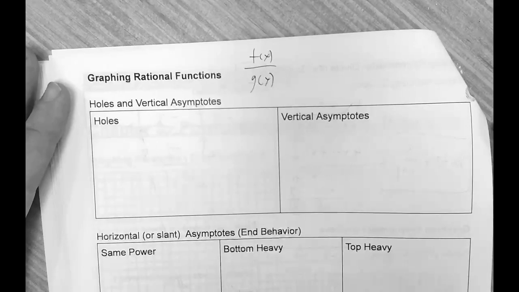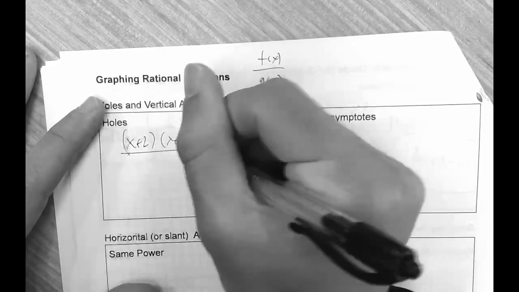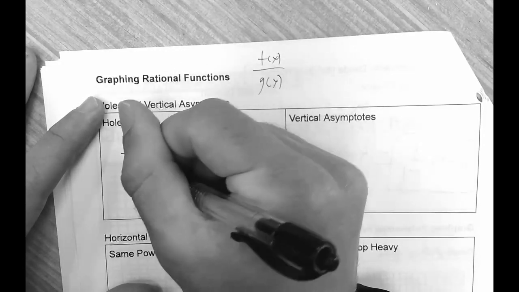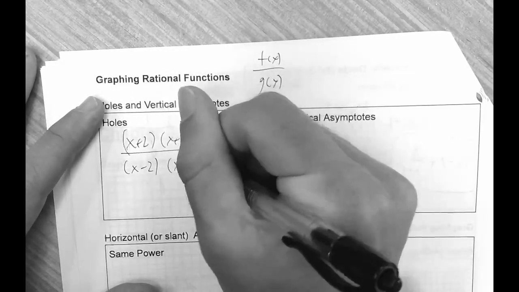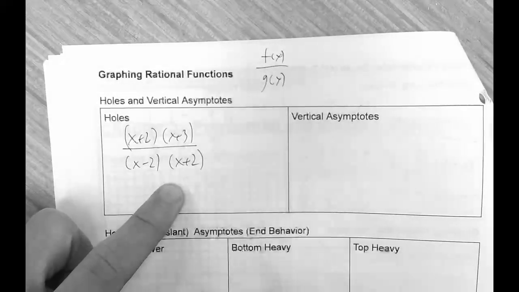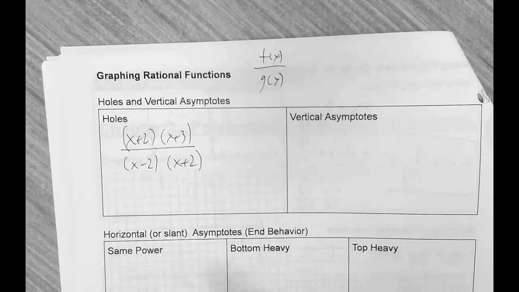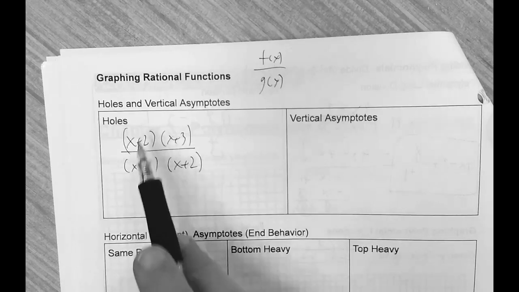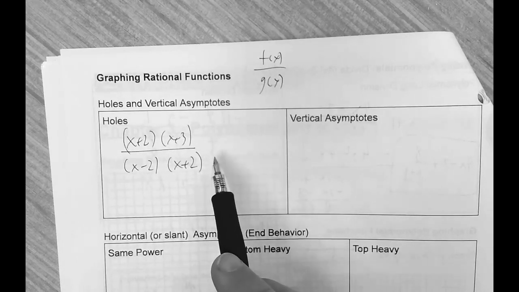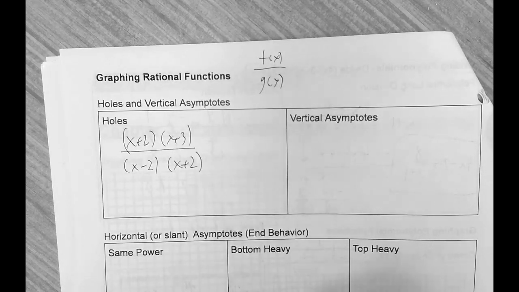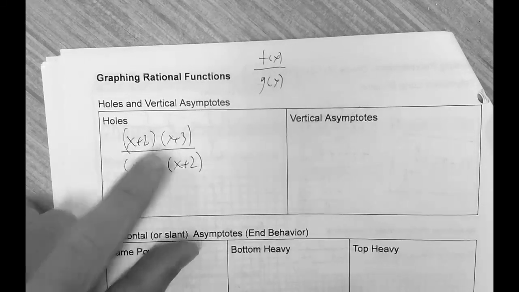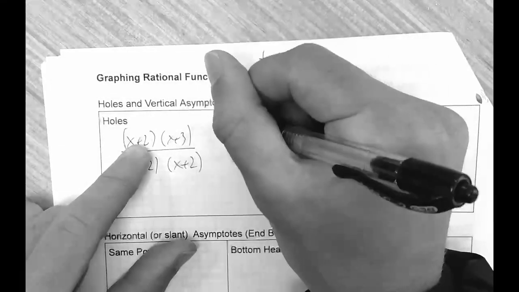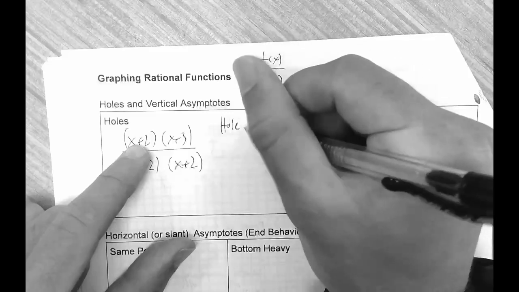So let's say you had x plus 2 times x plus 3 over x minus 2 times x plus 2. Okay, so if you were to plug in a -2 into this right now, you would actually get 0 over 0, which is an indeterminate form. When you have the same factor top and bottom, you have a hole at that value.